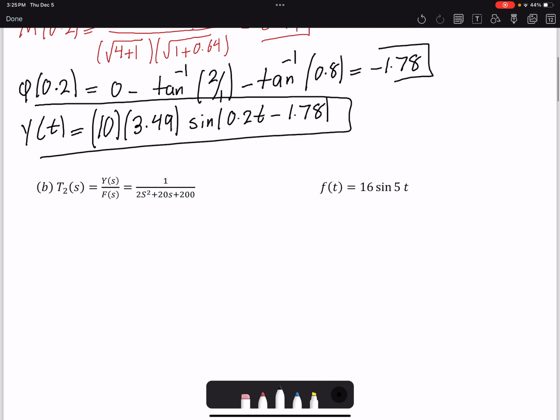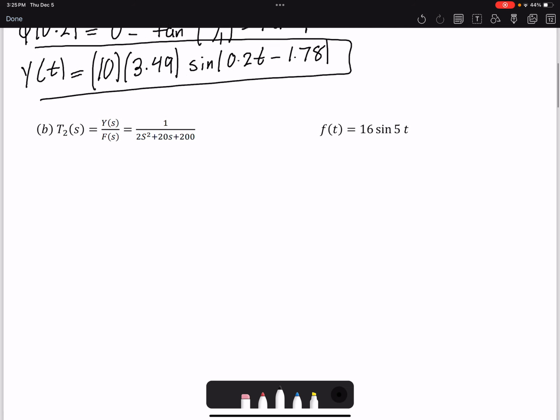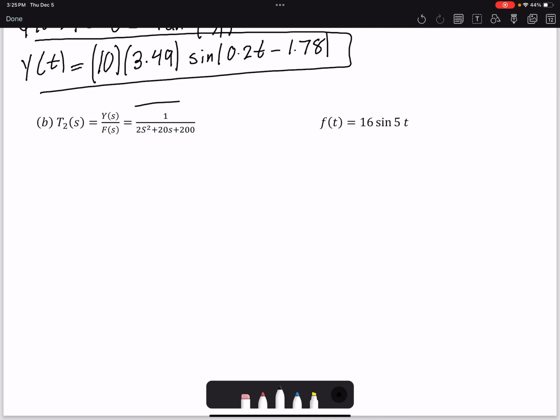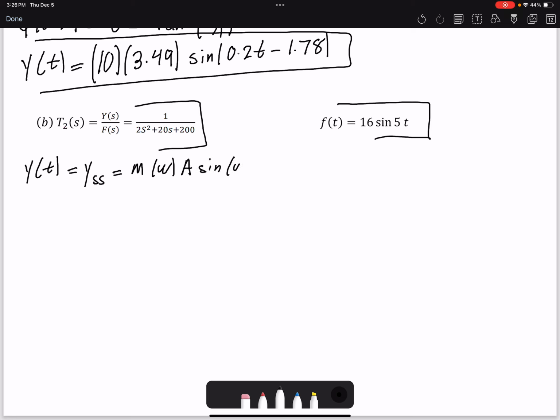Now let's solve another problem. Here the transfer function is also given to us. We have the input. Now we want to find the output. So we know the output would get the form M(ω) A sine(ωt plus φ(ω)), where A is the amplitude. So what is ω? ω is 5 here for us.